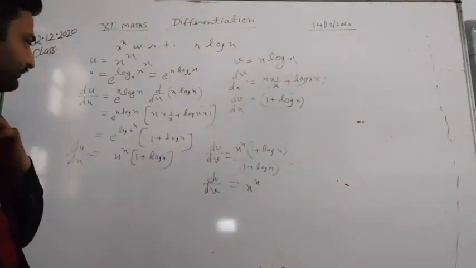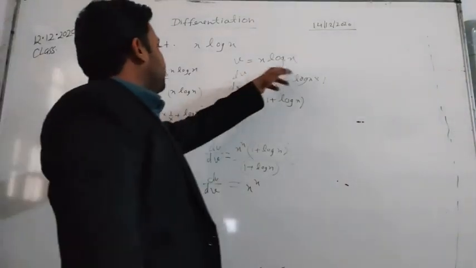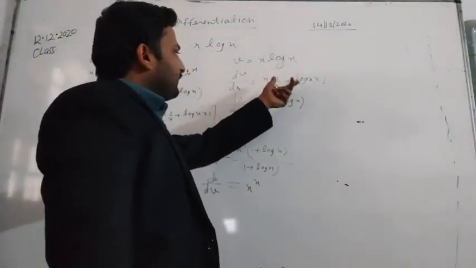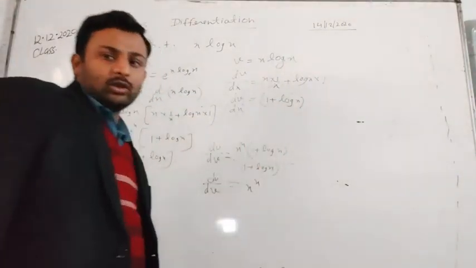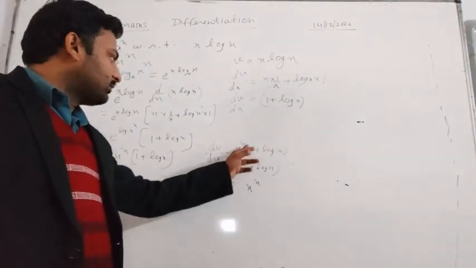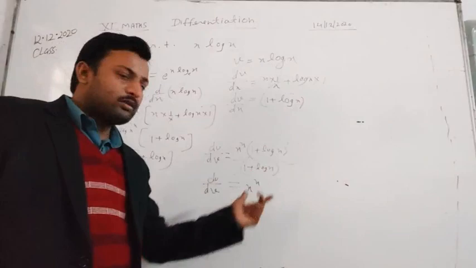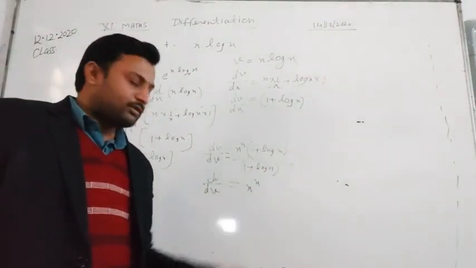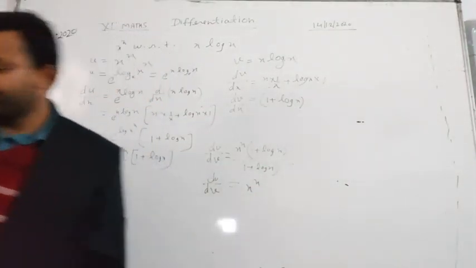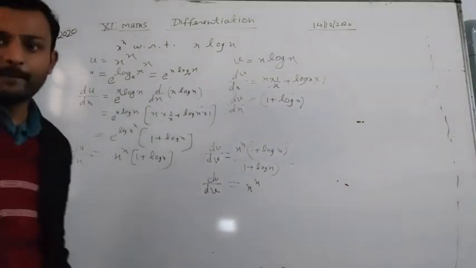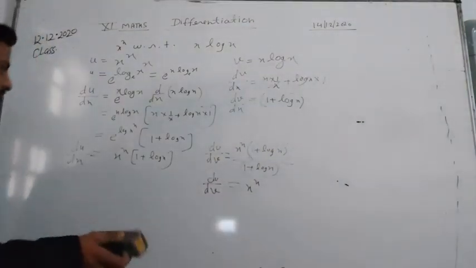So v is this, and for the differentiation of this term we apply the product rule. Now du by dv will be what? x to the power x times 1 plus log x by 1 plus log x, and we get our result x to the power x. Okay, now let's see another question.